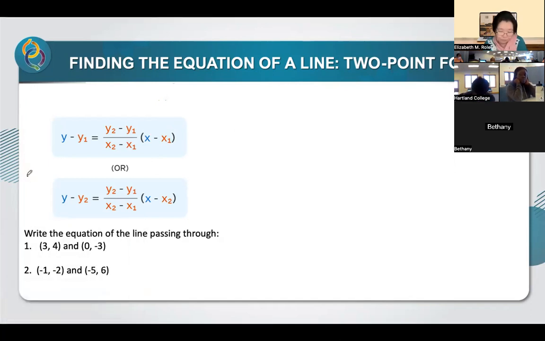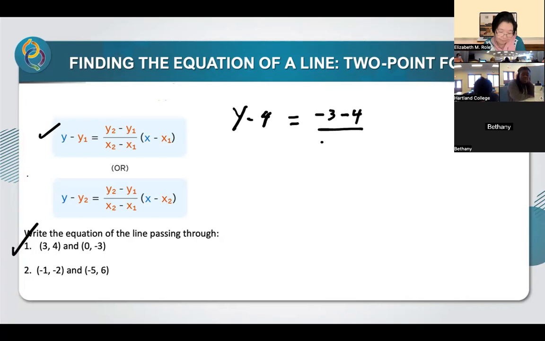I want everyone to say how I will put it. Y minus 4, we begin with the y1, equals minus 3 minus 4 over 0 minus 3, times x.